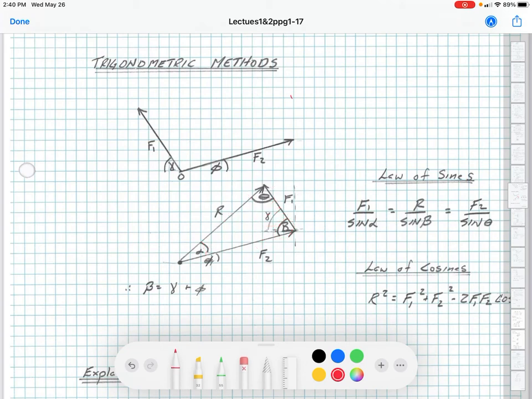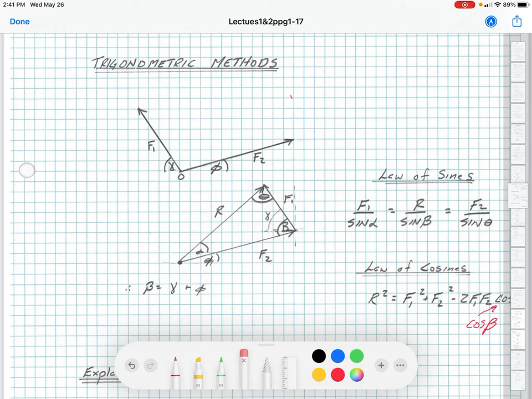And then the law of cosines states that if we have two forces and we use this equation, that F1 squared plus F2 squared minus 2 times F1 F2 cosine of beta right there.